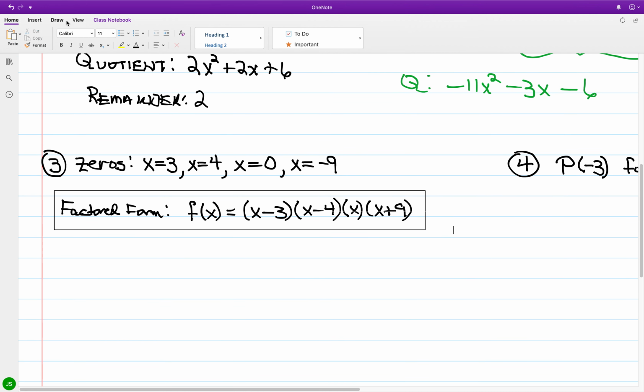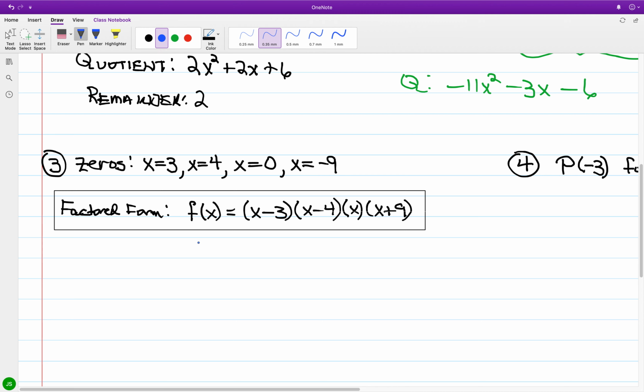But I just want to mention, if you were to provide an expanded form, say if you were to multiply the first two sets of terms, for f of x we would have x squared, negative 4x minus 3x is negative 7x. Negative 3 times negative 4 is going to be a positive 12.